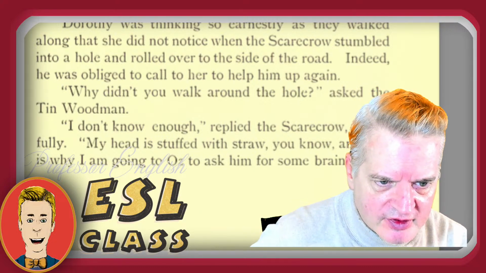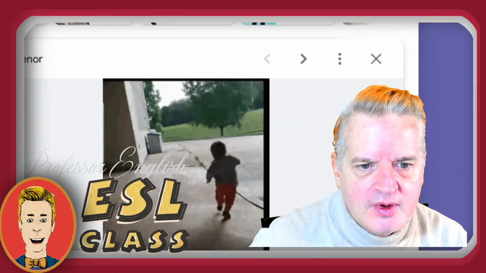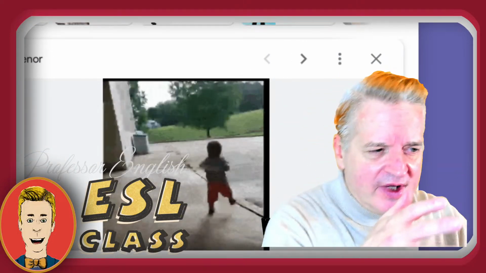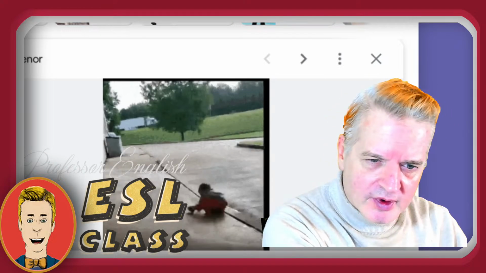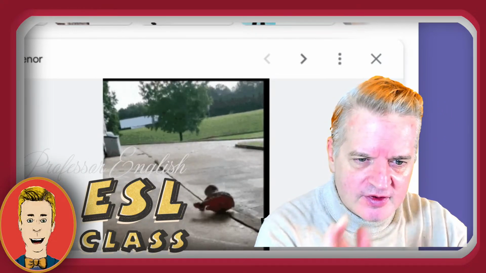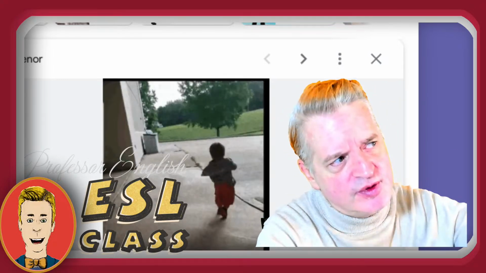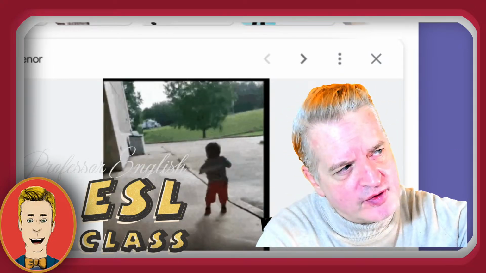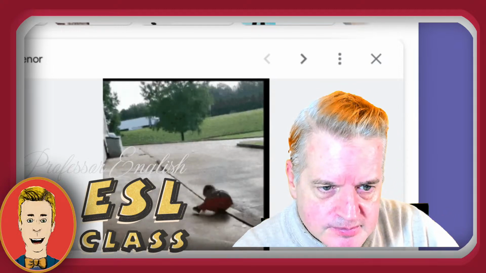Here's an animation of stumble. So stumbling is maybe not walking very well, but also falling over, just like this baby. But usually there's an object that makes you do that. You say, I stumbled over a rock. That's stumbling.